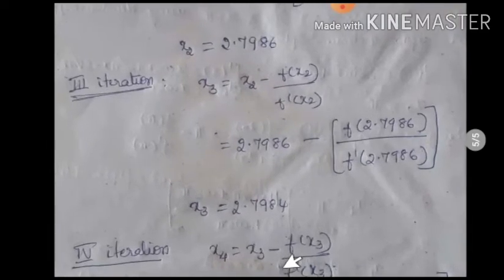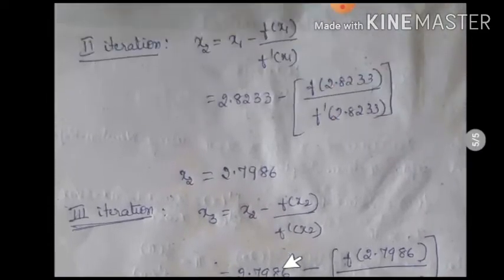So next iteration, we need to continue the iterations until the previous iteration and present iteration answers are the same. So proceeding in that way, for the second iteration, x2 equal to x1 minus f of x1 divided by f dash of x1. Take n equal to 1 in the general formula. Substitute x1 value.